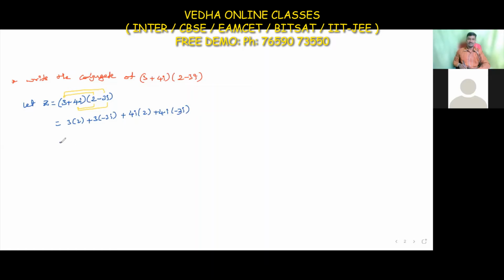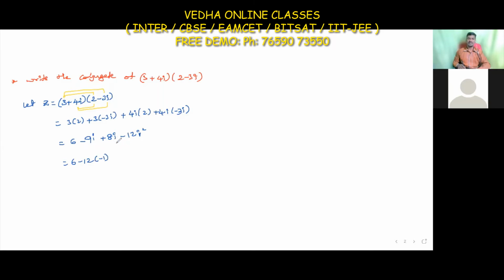So 3 twos are 6, minus 3 threes are 9i, plus 4 twos are 8i, minus 4 threes are 12 i square. So 6 minus 12 into i square, whose value is minus 1, so it is real.